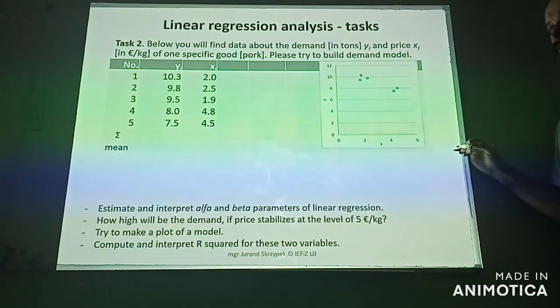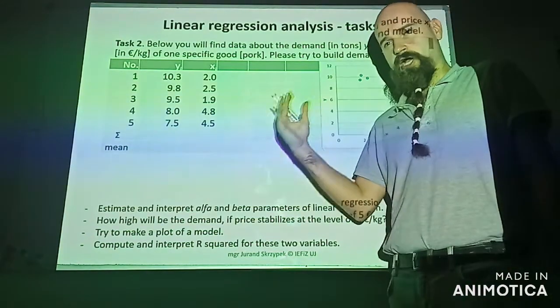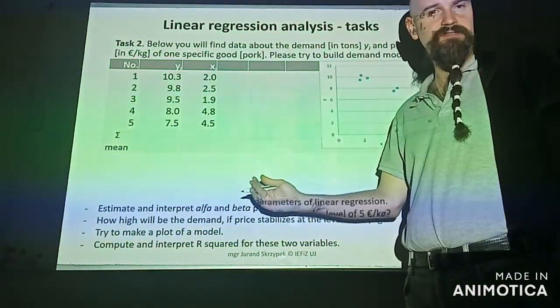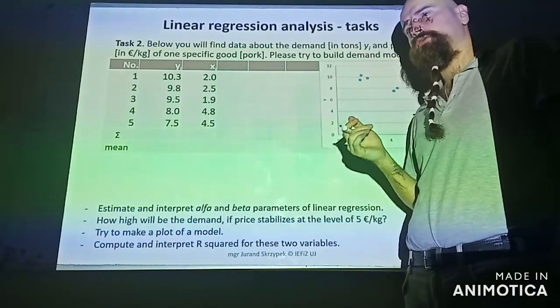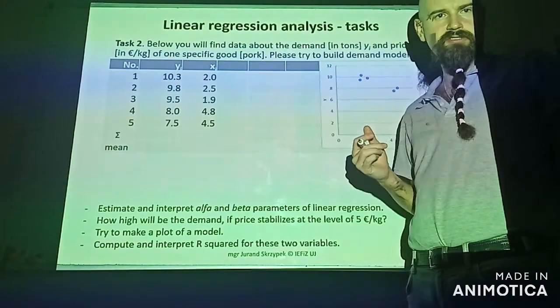Alright. It seems to me that you remember the law of demand from the microeconomics theory. The higher price means the lower demand, or the lower price means the higher demand.